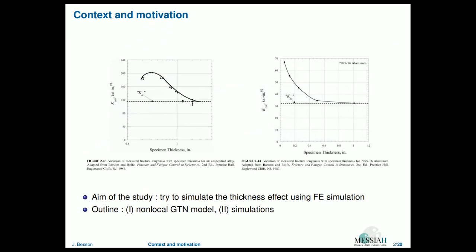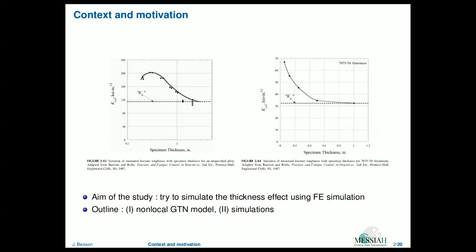So if you look at the literature, and in particular, here these are pictures taken from the very well-known handbook from Anderson. There is this trend that there is an evolution of the measured toughness as a function of the specimen thickness. So on the left, you cannot see it, but in the legend it's written that this is an unspecified alloy. So I cannot tell you what it is, but that's in the book.